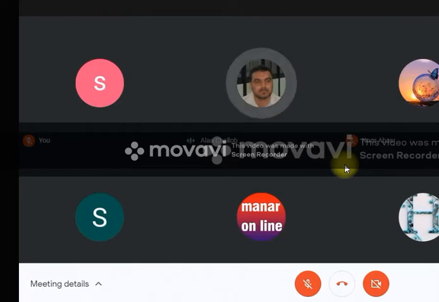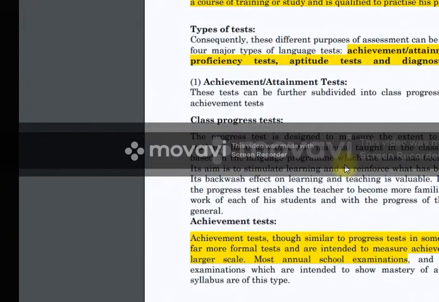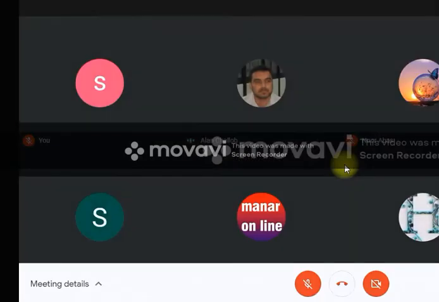So this is the main point that differentiates between achievement test and the proficiency test. As I had stated, achievement test is related to a specific syllabus from a previous period of time.